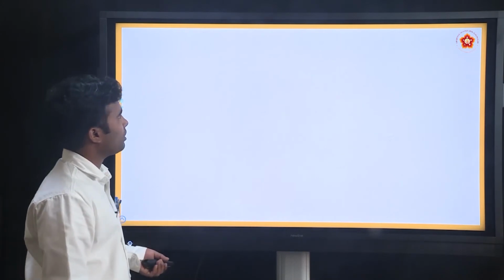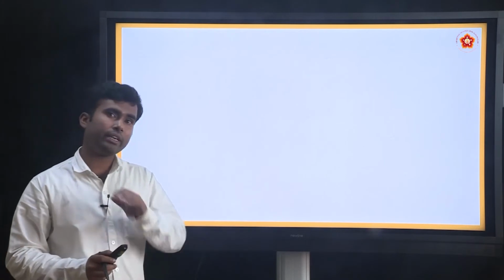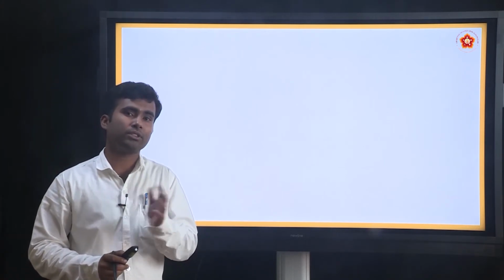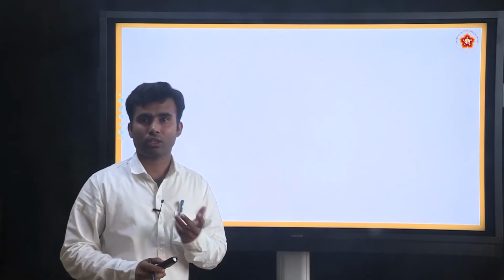Before starting another problem, I am going to tell you that we can express the expansion of a determinant in a very compact form, using minors and cofactors.